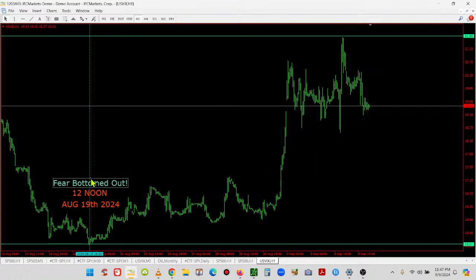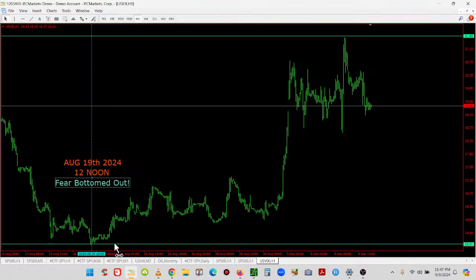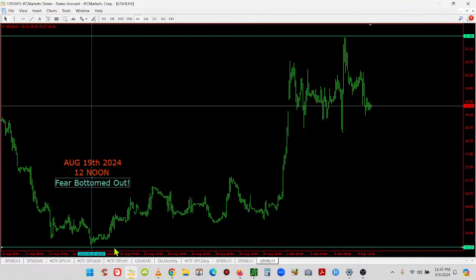So at 12 noon, on August 19th, 2024, in mid-August, the fear index bottomed out. This is the US VIX.